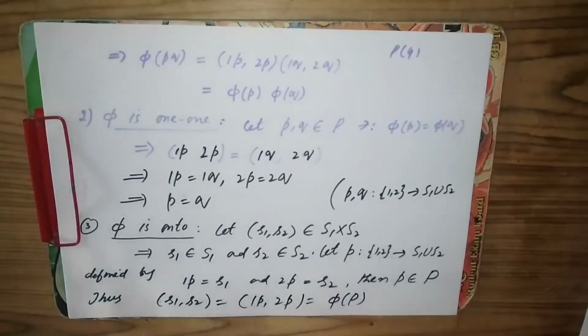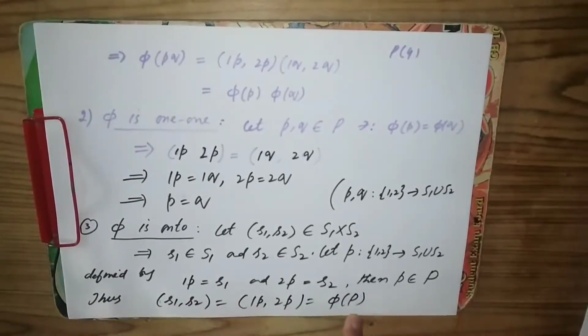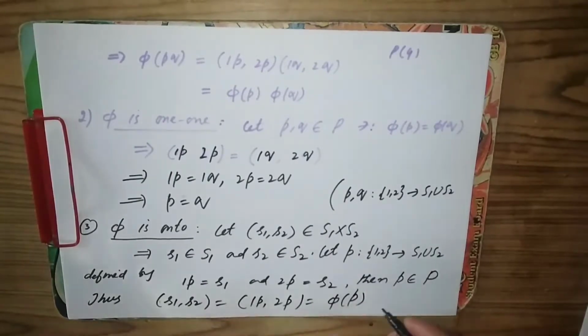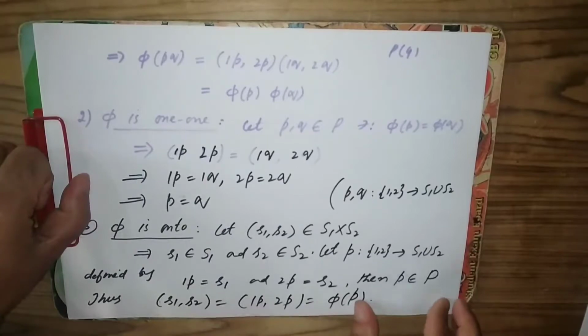Therefore phi is onto, because there is an element p in the product P such that phi of p is equal to (s1, s2). So that proves phi is a semigroup morphism, it's one-one, it's onto. So hence it is an isomorphism.